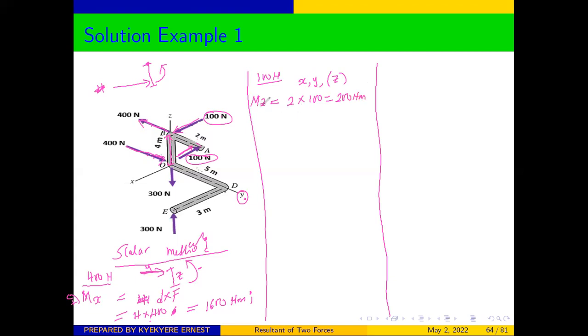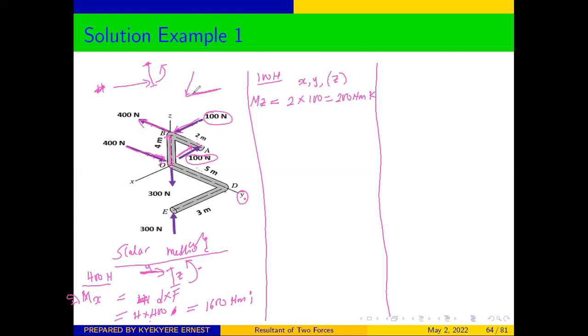Newton meter. But we said that the rotation will be in the z, so we attach our k to it. It means that it will be in the k direction. But let's check whether it will be clockwise or anti-clockwise. We have said that we pick one of the forces. So let's take it that this is our force here, and this is the perpendicular distance here.